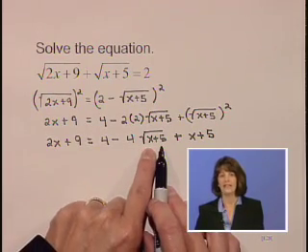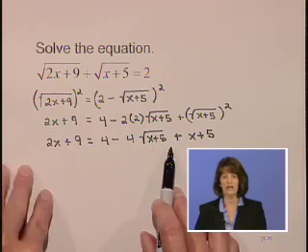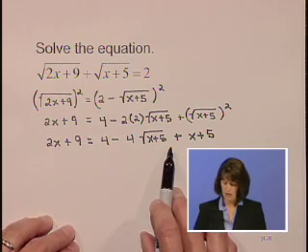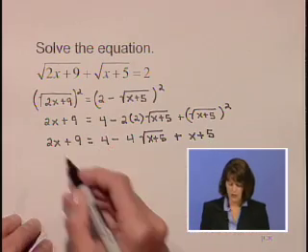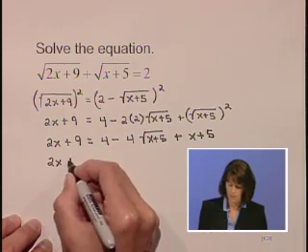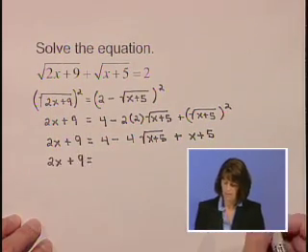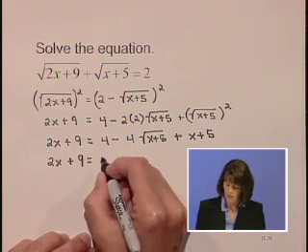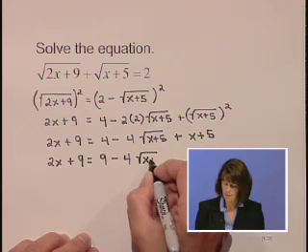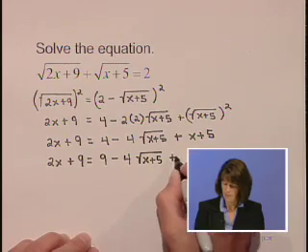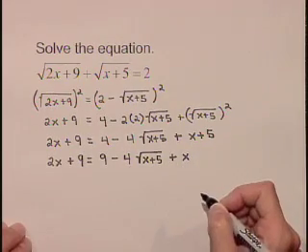So let's now isolate it on one side and move everything else away from it. Actually, let me go ahead and combine these two terms first. That 4 plus the 5 gives a 9. And don't lose that value of x.